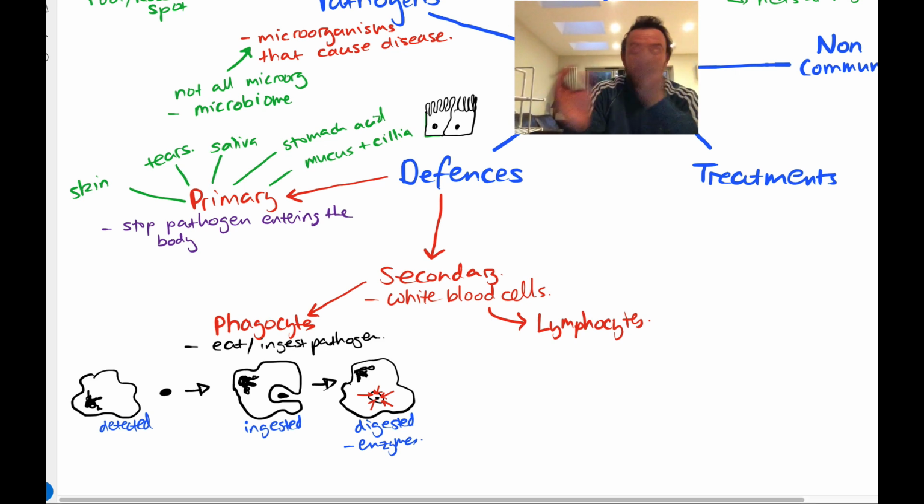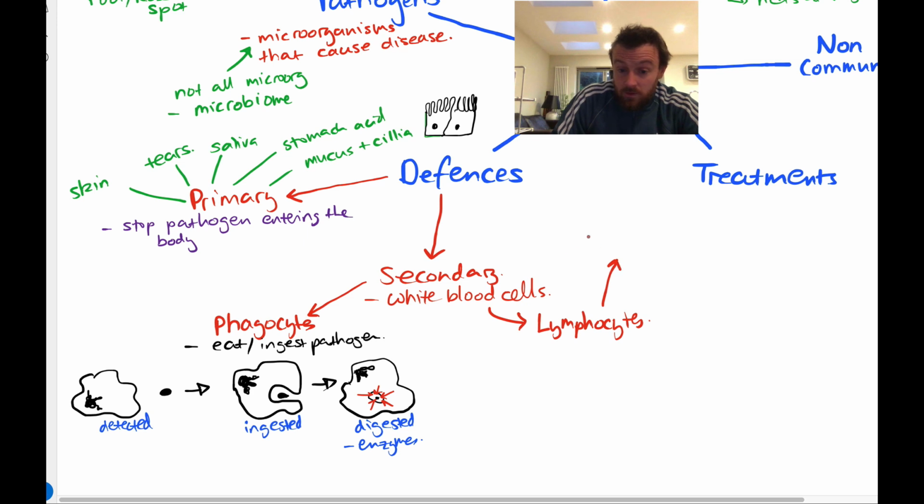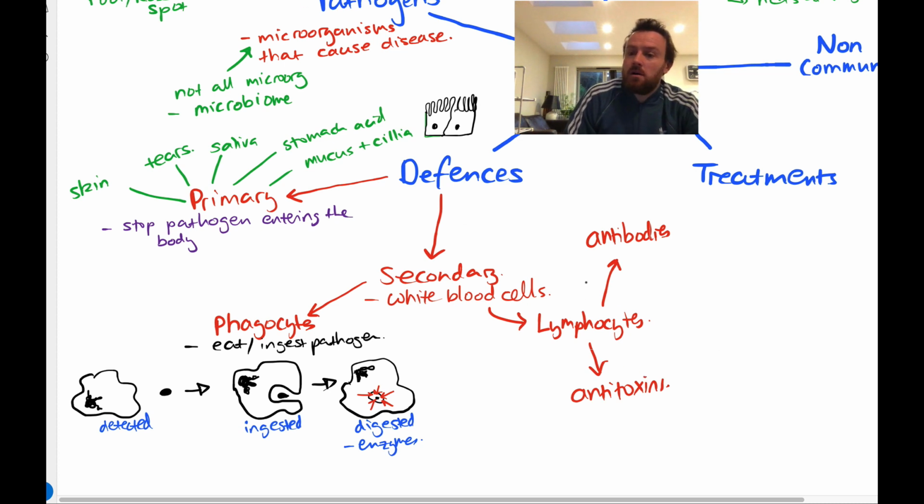Now they do two main things: antibodies and antitoxins. Both of these are molecules that take a while to produce.